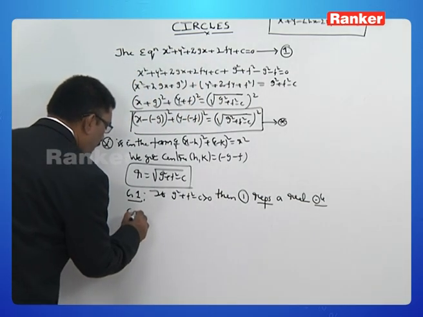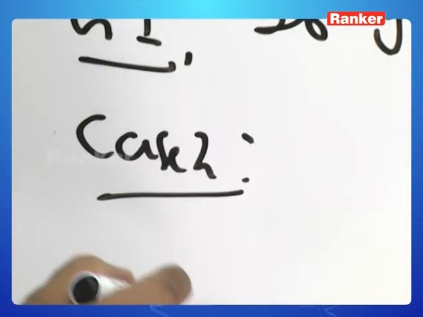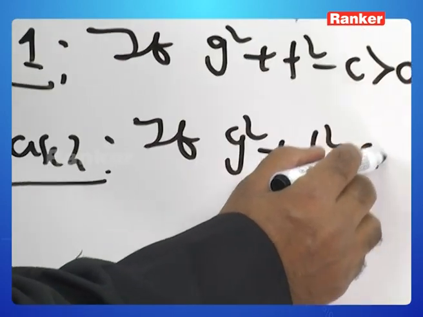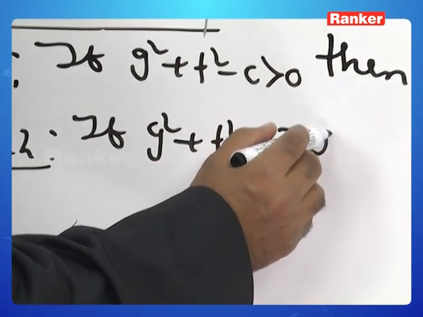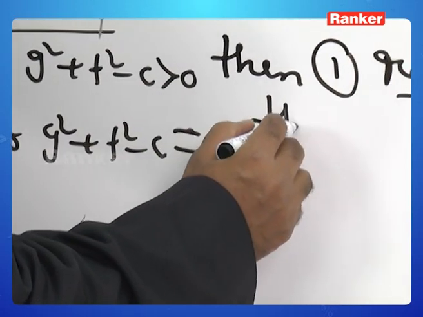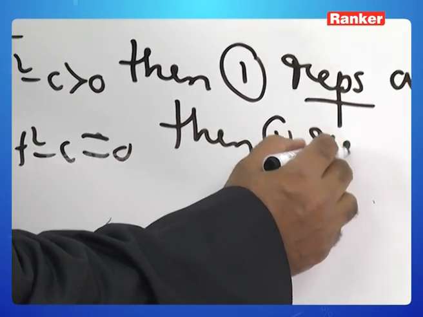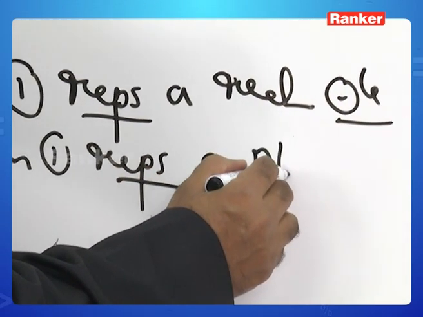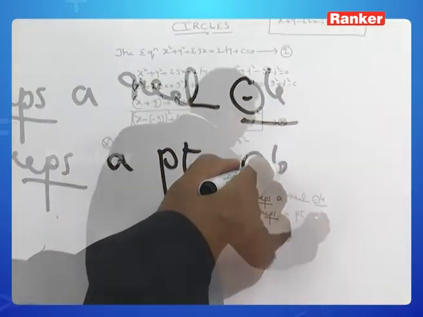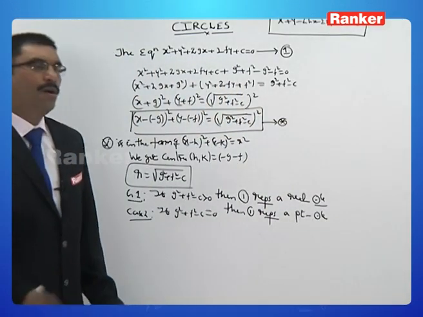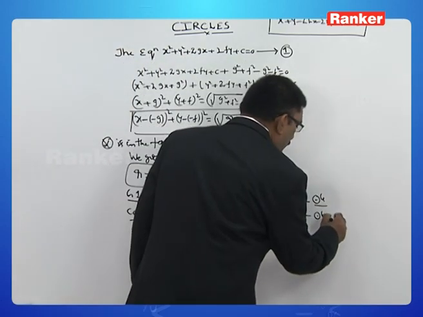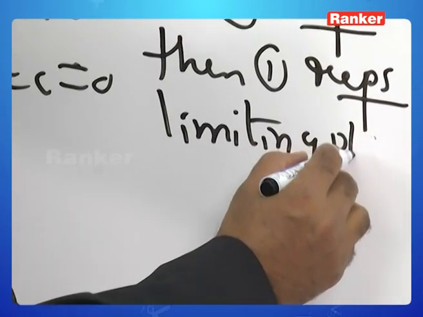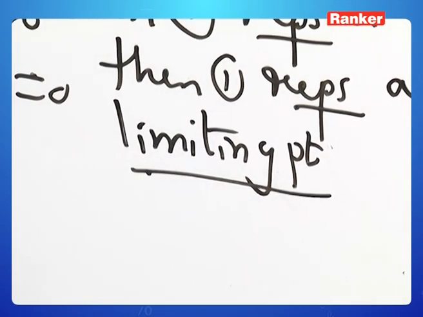Now case 2: if g square plus f square minus c is equal to 0, then 1 represents a point circle, or we can also call it a limiting point.